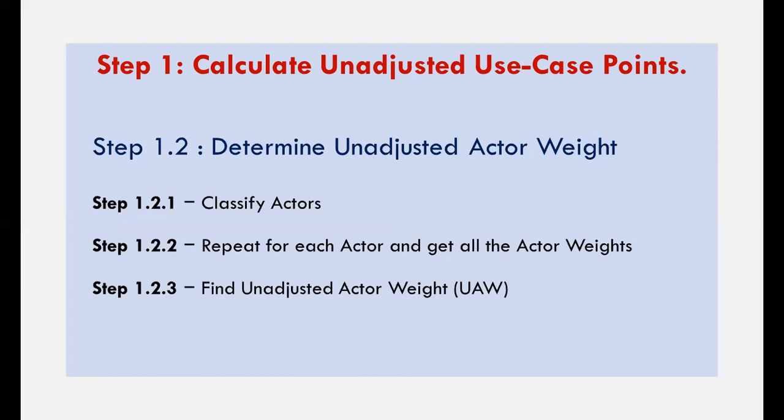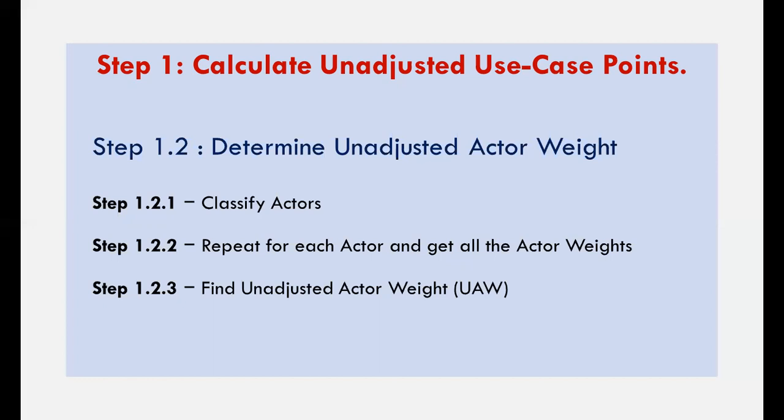For average, a system interacting through a protocol, the actor weight will be 2. And for complex, a user interacting through a GUI, the actor weight will be 3. Then in step 1.2.2, we repeat for each actor and get all the actor weights, the unadjusted actor weights UAW, which is the sum of all the actor weights.